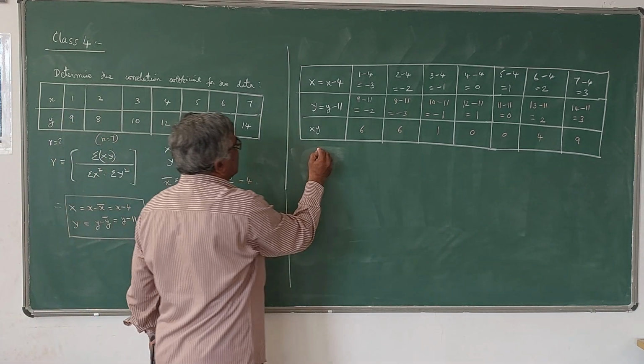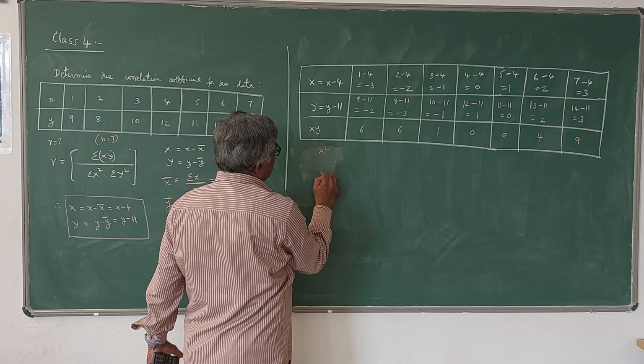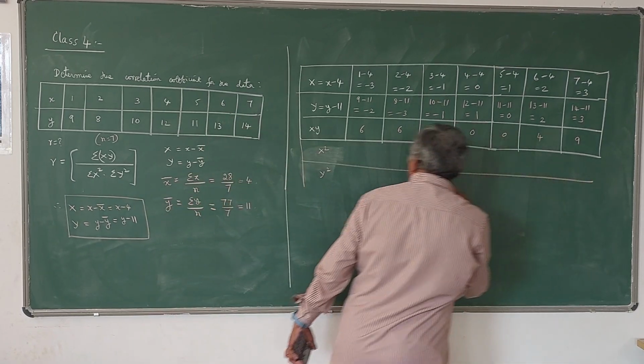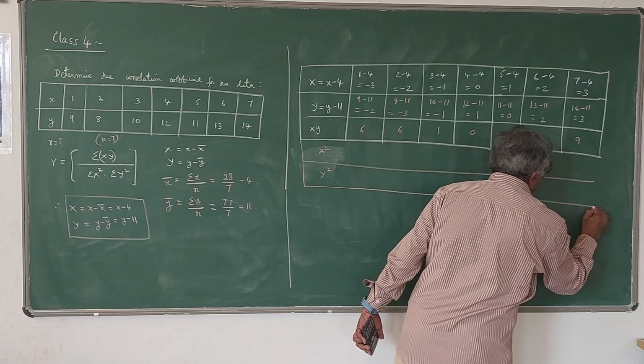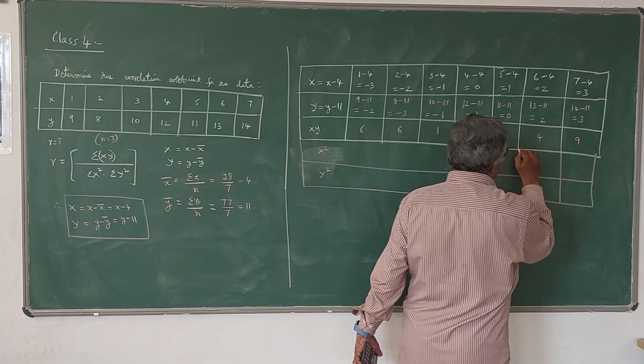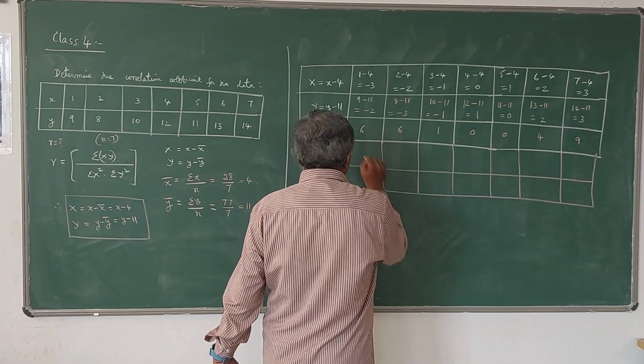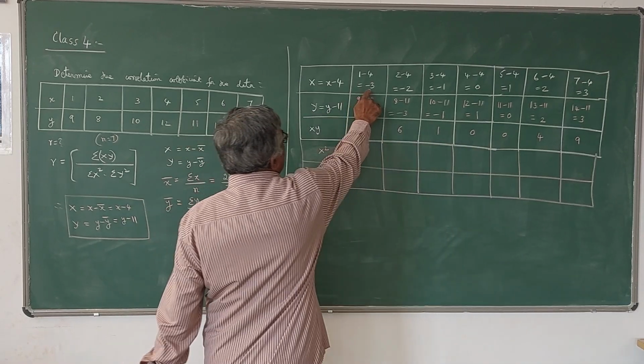Now next we'll take x square and y square. So we have two more rows which give x square and y square. Yes, x square is the square of this.